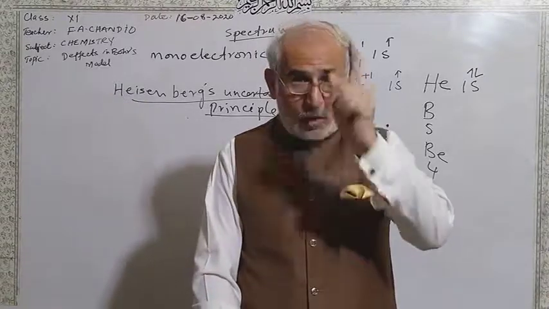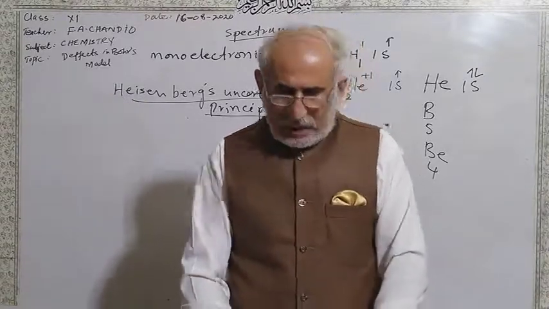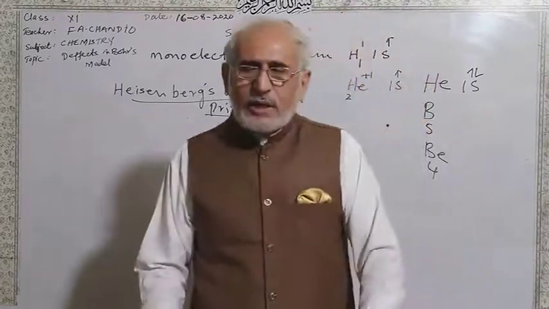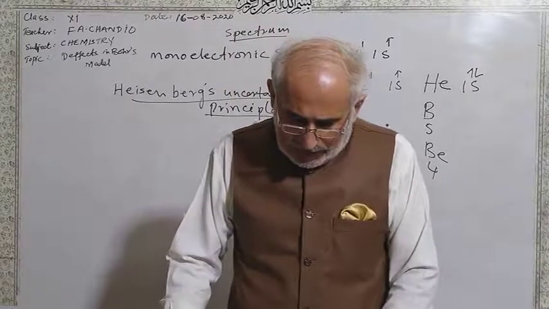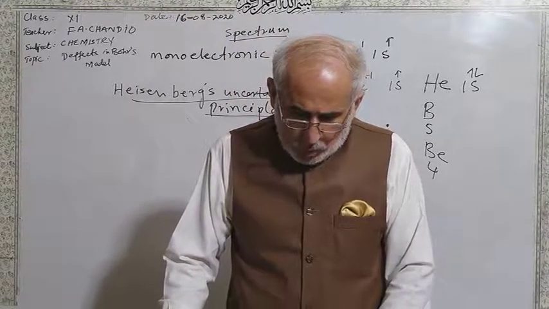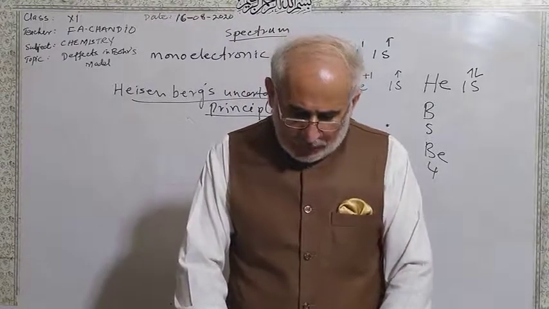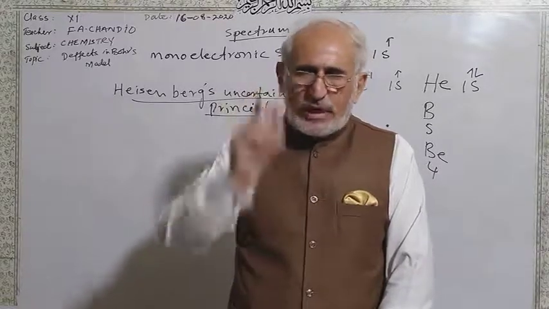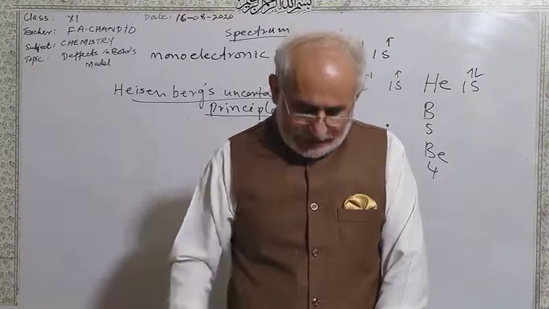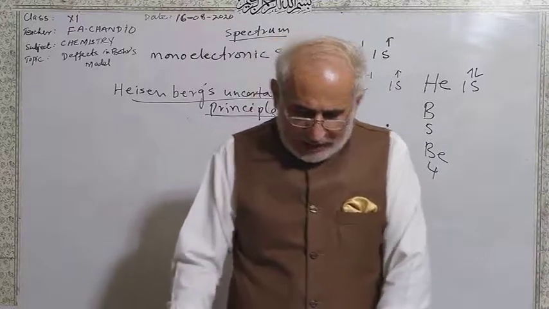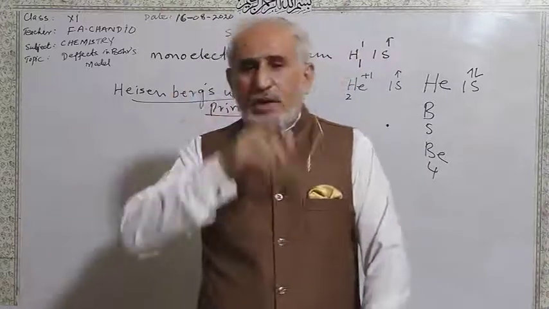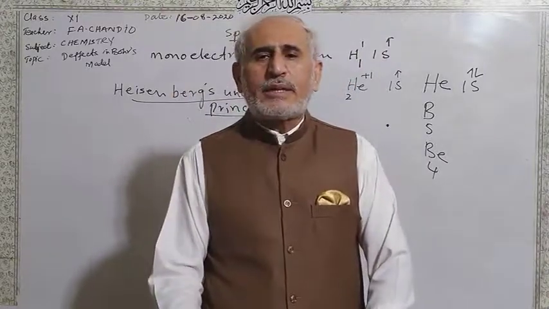But according to the uncertainty principle, if electrons are moving in orbit, the velocity and the position of the electron cannot be measured exactly.